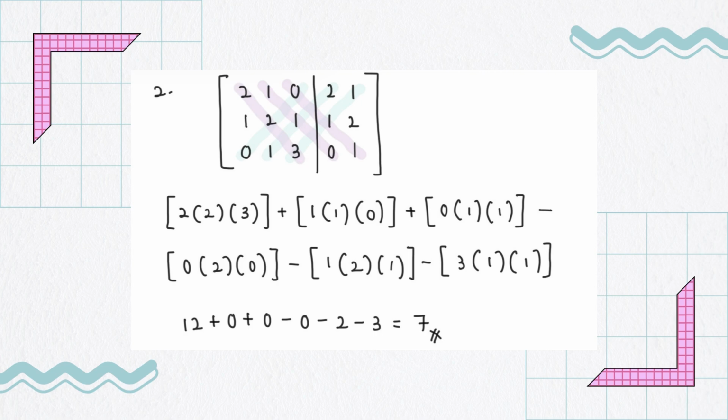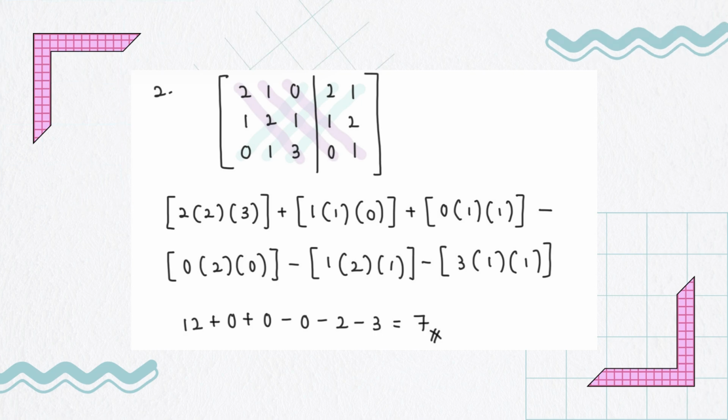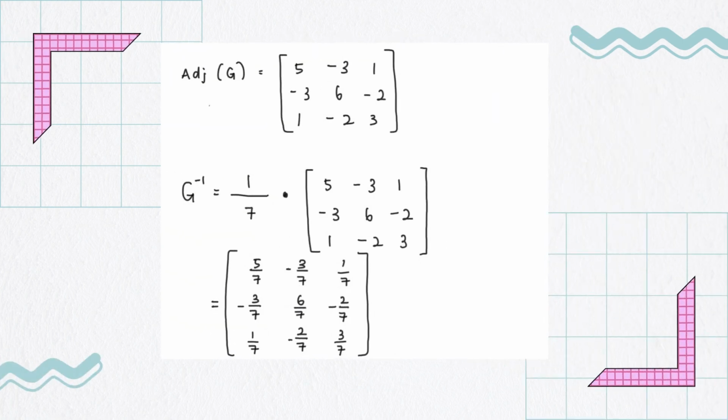For the next step, we need to find the adjoint, or in this question the adjugate matrix, which is still the same. The adjugate matrix is the transpose of the cofactor matrix that we already got.